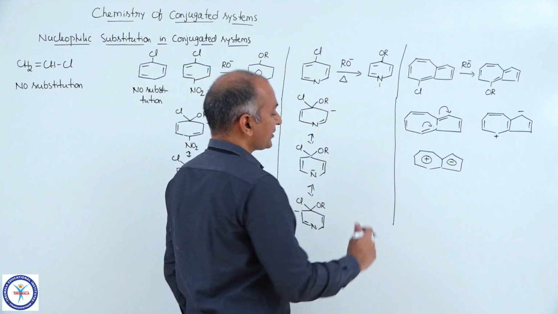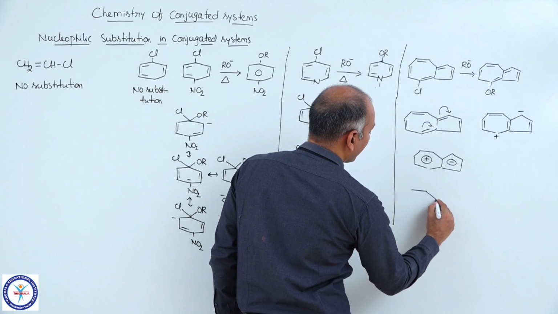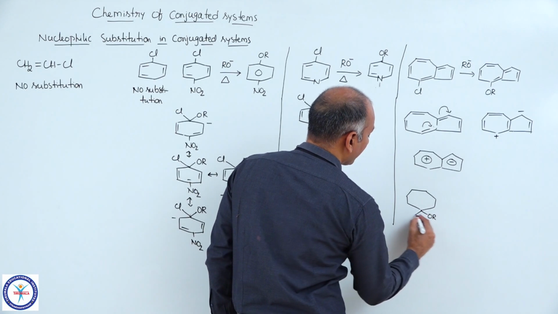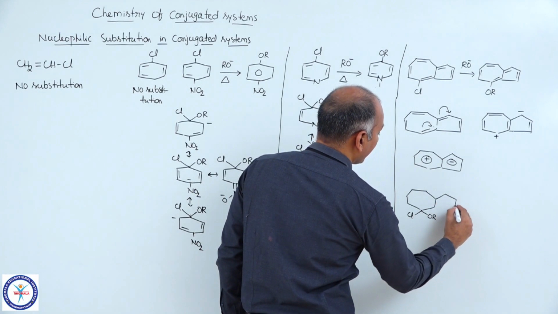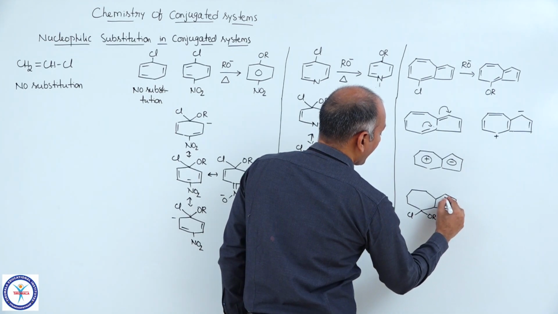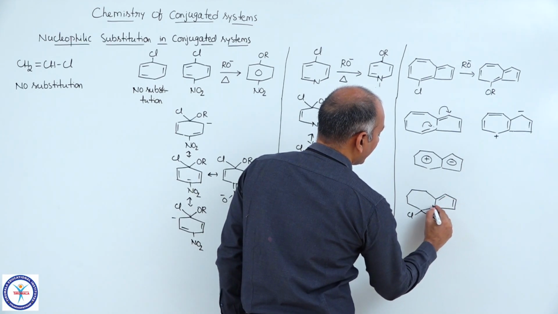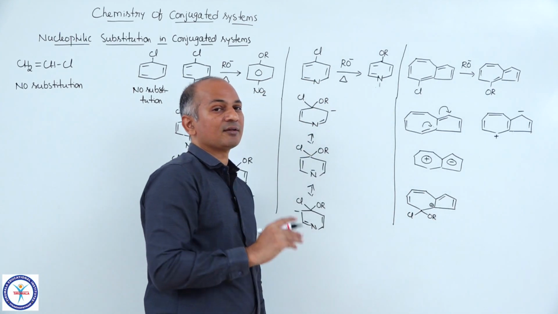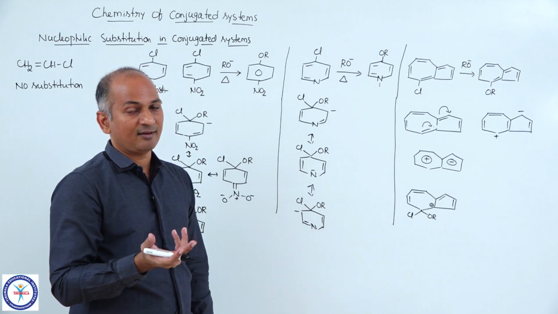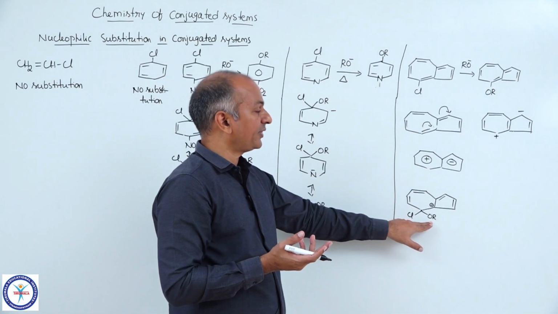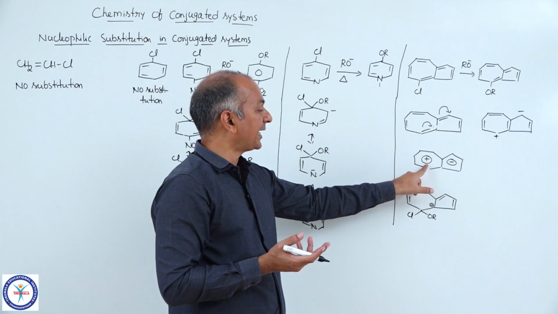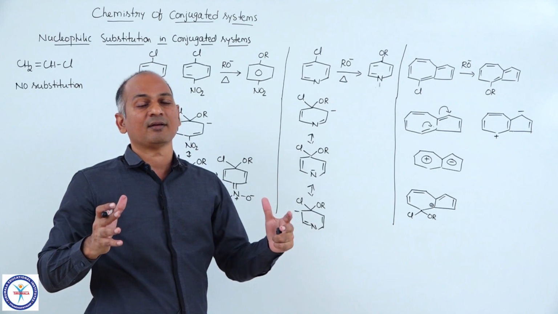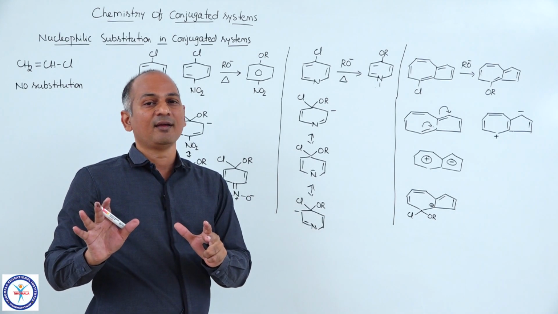Once it attacks, you see the intermediate that is obtained there. Now here we have OR, Cl, and here we have a 5-membered ring. Double bond here, minus charge, double bond. Now you observe that particular 5-membered ring is aromatic. So the intermediate is stable, that is one thing. Second, nucleophilic attack is made favorable by this charge distribution in the original azulene ring.